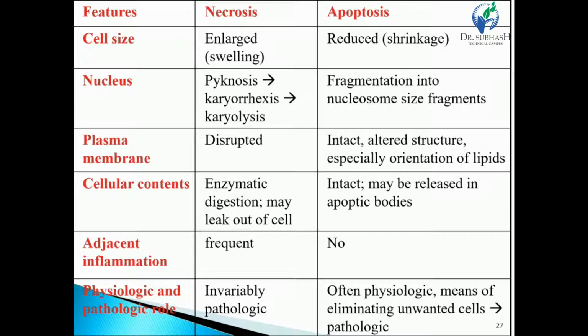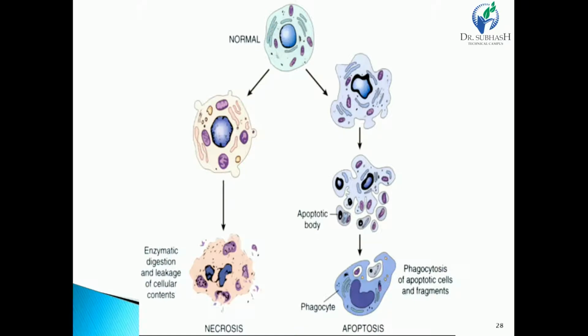So here we had the discussion on necrosis and apoptosis. In the diagram we can see the differences between these two: the normal cell, and the cell during necrosis and apoptosis. The first point was that in necrosis, the cell may undergo swelling.